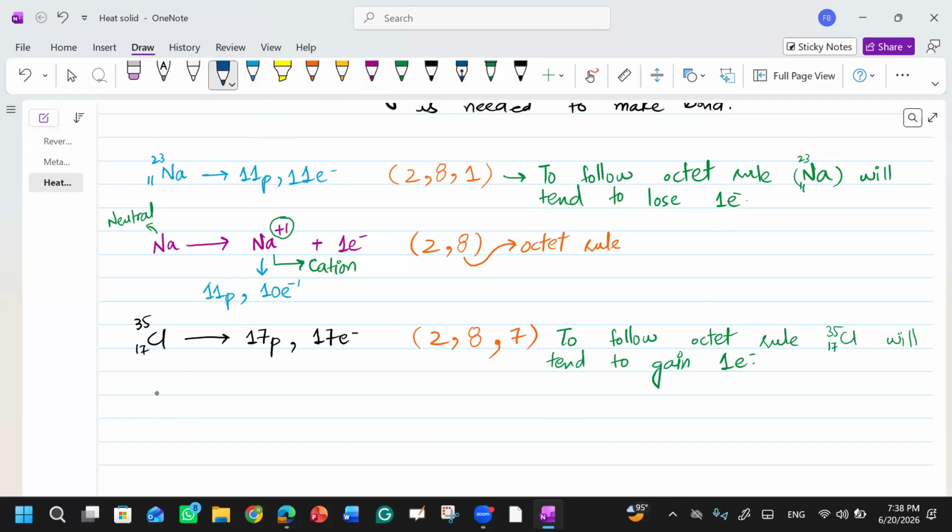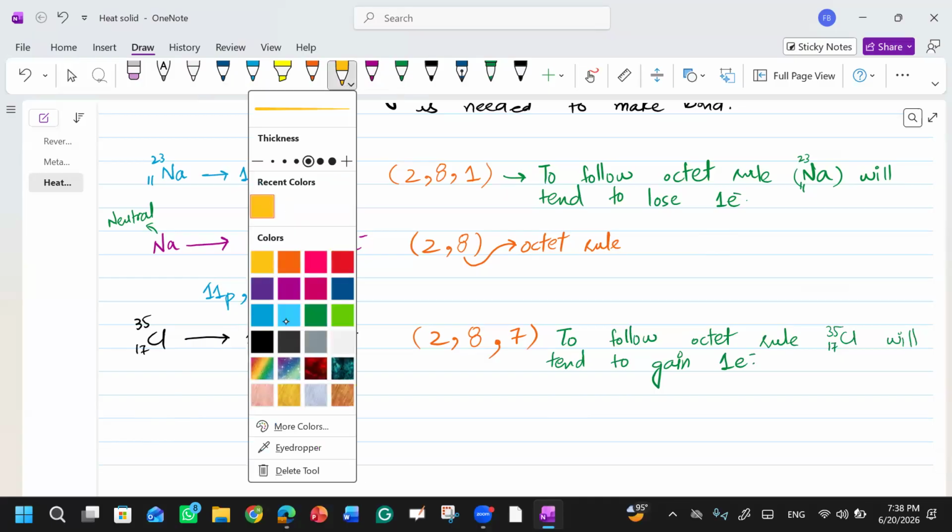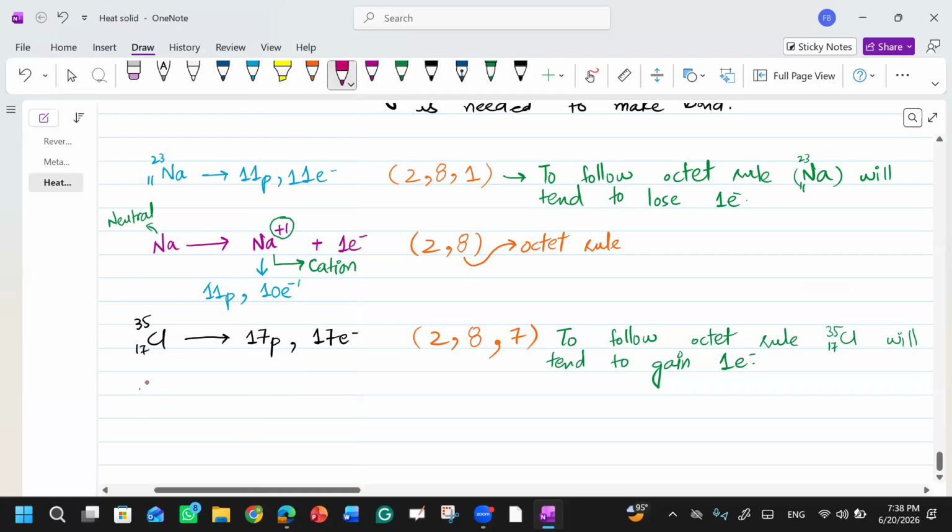Now when it gains an electron, what will you get? This is chlorine. Now it has gained one electron.